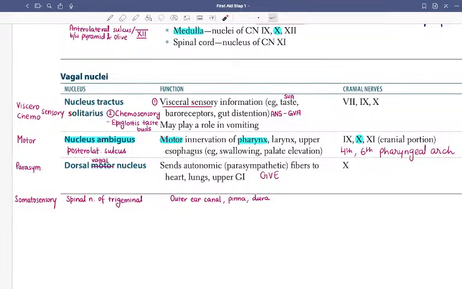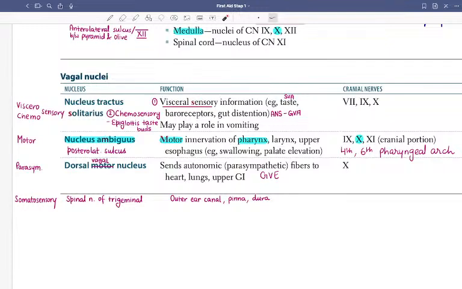Basically, everything to do with the posterolateral sulcus. This was all the visceral chemosensors of nucleus tractus solitarius, the chemosensors of the tongue, and the motor structures to do with the posterolateral sulcus, meaning the posterolateral sulcus of the medulla.